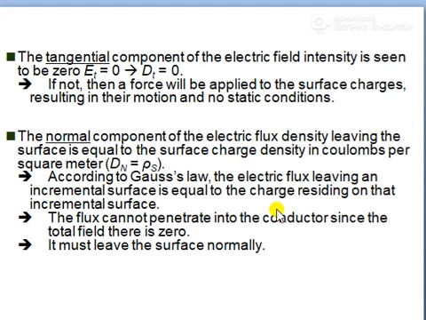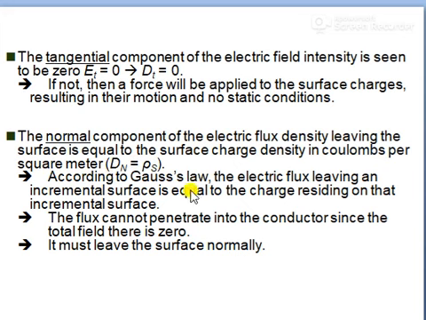If not, then force would be applied to the surface charges, resulting in their motion and no static conditions, right? So here E, D and rho v within the conductors are 0, right? Now the normal component of the electric flux density leaving the surface is equal to the surface charge density in coulombs per square meter. Therefore we can say that Dn is equal to rho s.